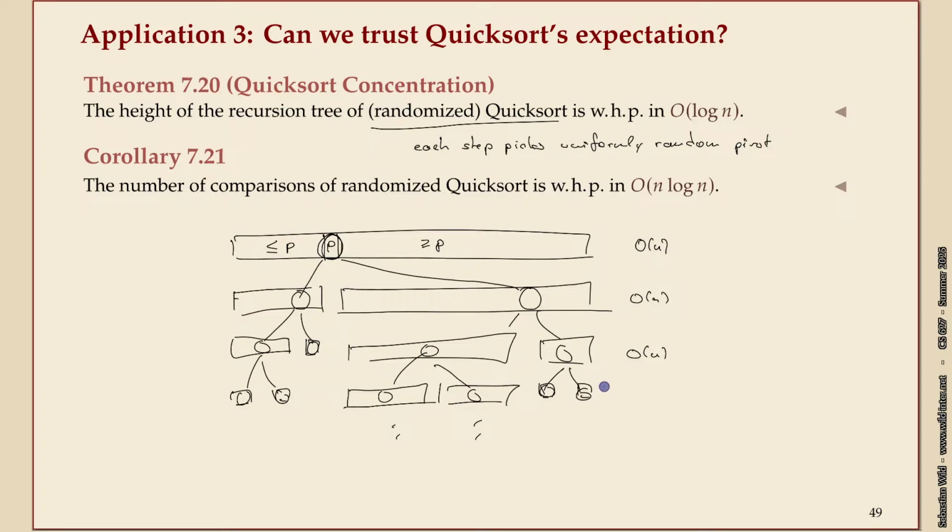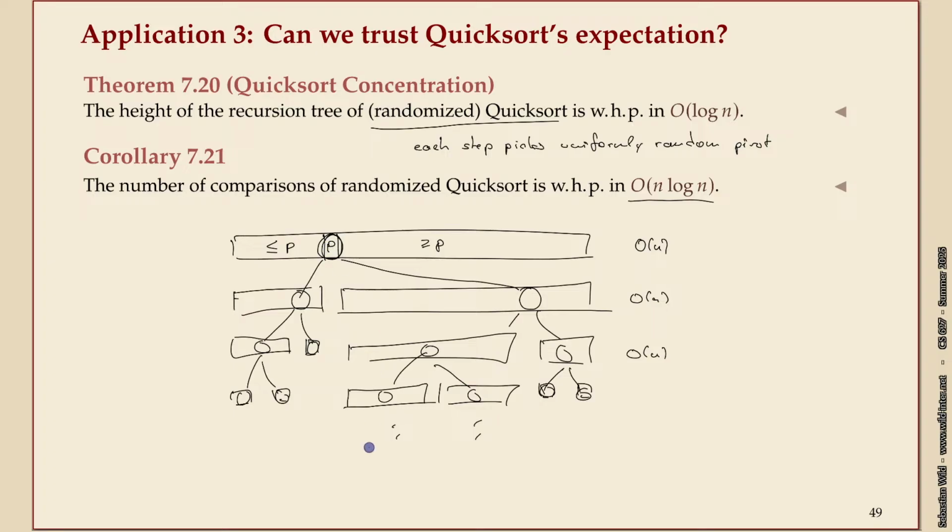If you can bound the height of this tree, you get a bound for the overall number of comparisons. That's what the corollary says. If you can bound the height of this tree, then the number of comparisons follows. And so we're interested in the worst branch of this tree. Intuitively, you can say in each step you follow the bigger subproblem. But of course, that's only true in expectation.